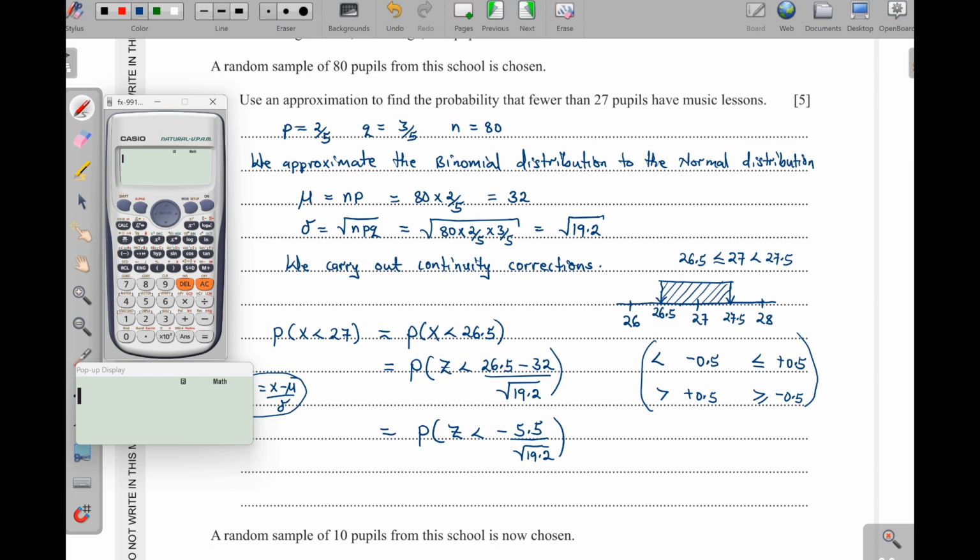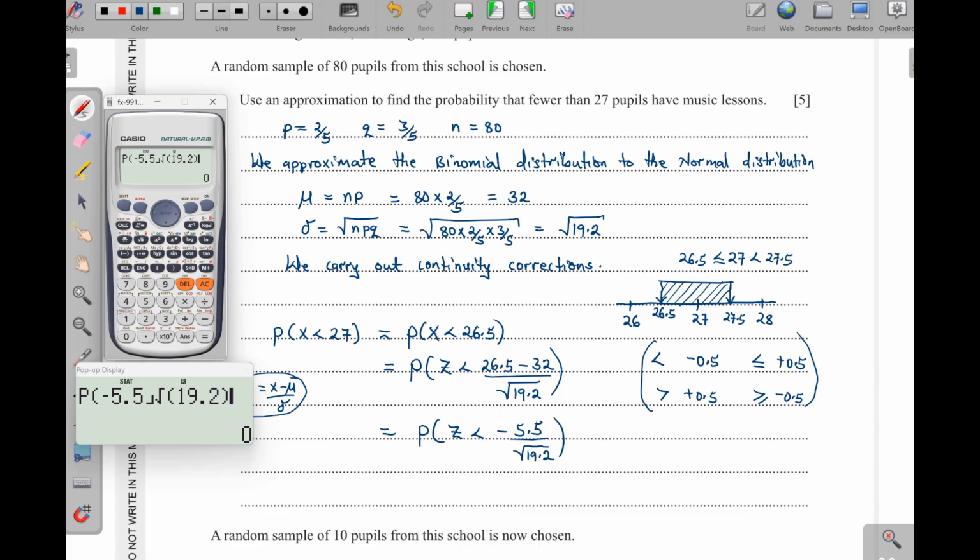Now we have to put our calculator in stat mode: the stat is 3, then you press AC, stat comes onto the screen, then shift 1, distribution is 5, and this is less than. If it is less than, then we are taking P, so that is option 1. Now we can put negative 5.5, then divide by the square root of 19.2.